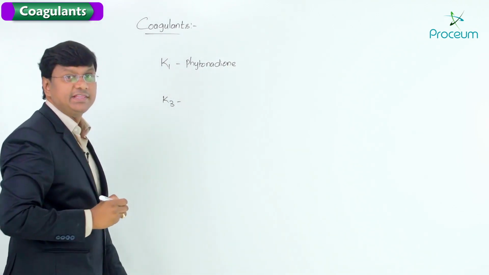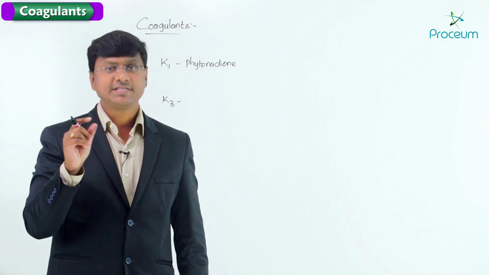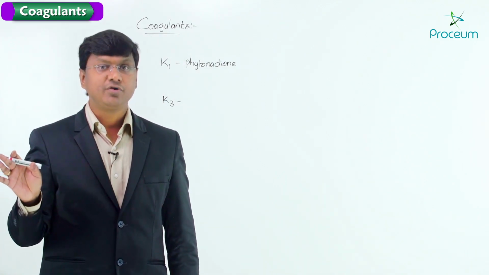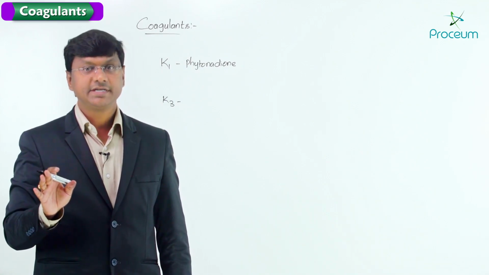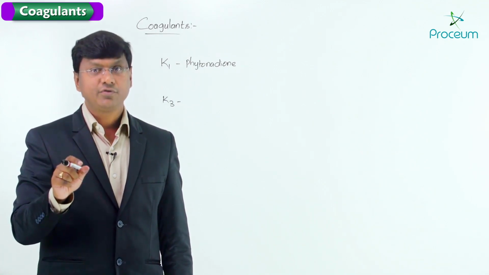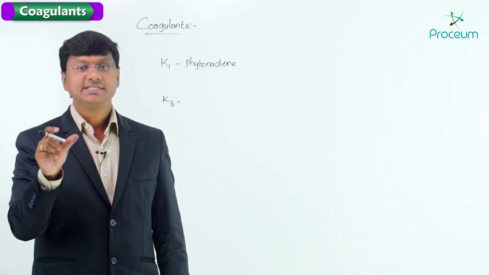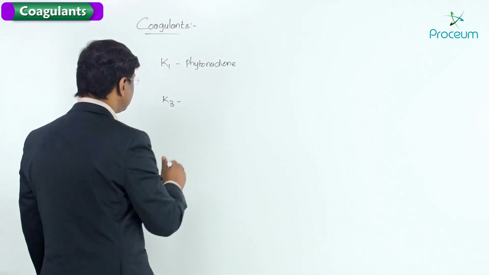Whereas you take this K3 form, right? And what is this particular K3? K3 is menadione. This K3 form is contraindicated, right? Why? K3 form is contraindicated in patients with particularly G6PD deficiency, right?